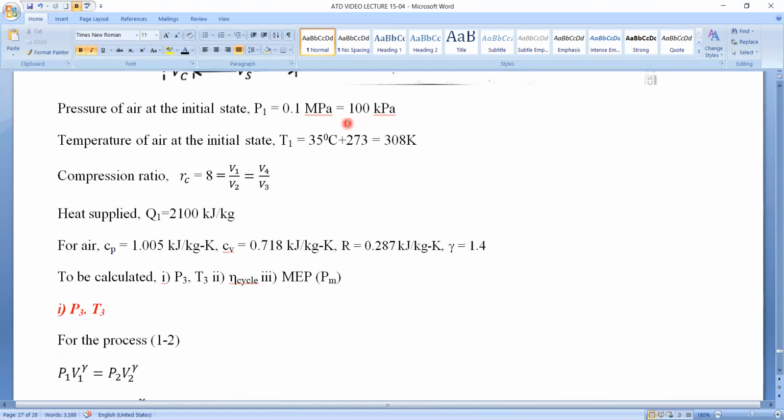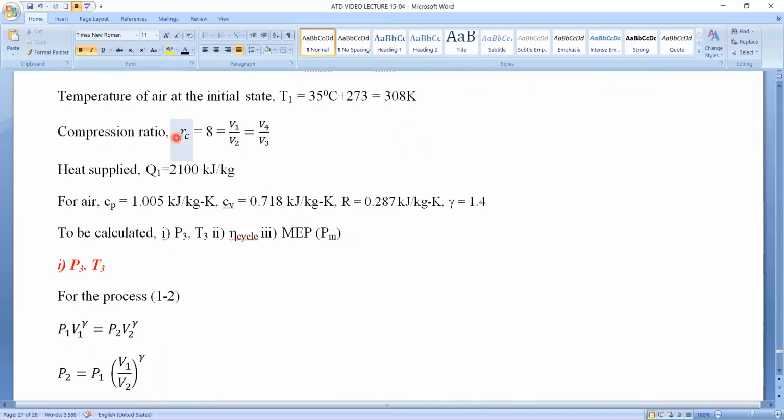It is more convenient to write the units in kilopascal for pressure, so just multiply by 1000 and you will get 100 kilopascals. The temperature of air at the initial state, T1 equals 35 degrees centigrade. Remember students, here we are supposed to take the temperature in kelvin. So just add 273, you will get 308 kelvin.